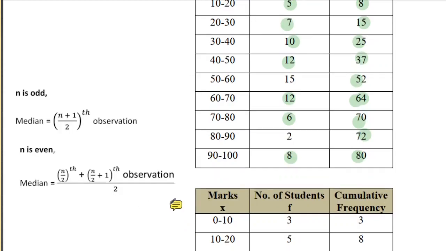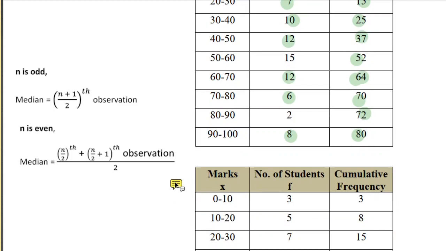Here in this problem, n is 80, that means it is even. So the median is the n by 2 th plus (n by 2 plus 1) th by 2. That means 80 by 2, 40, plus 41, by 2, that equals the 40.5 th observation.